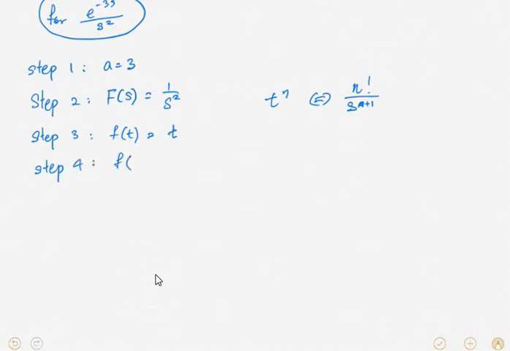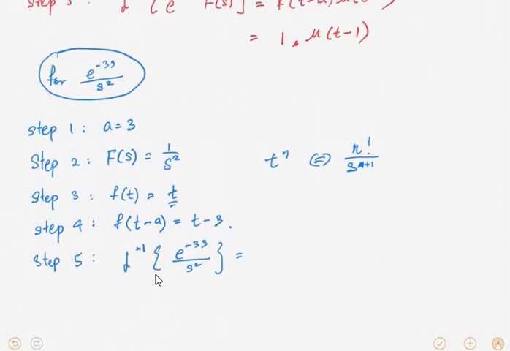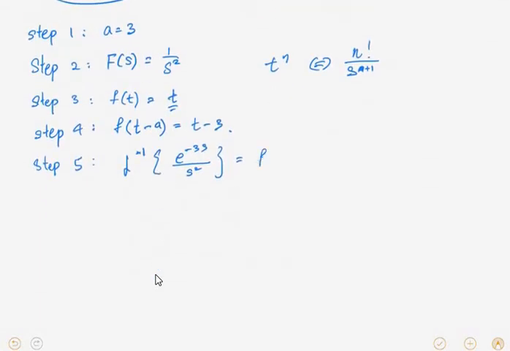You substitute t equal to t minus a, where the a value is 3. Okay, and then step number 5, the inverse Laplace transform of exponent negative 3s over s squared gives f(t minus a) u(t minus a).